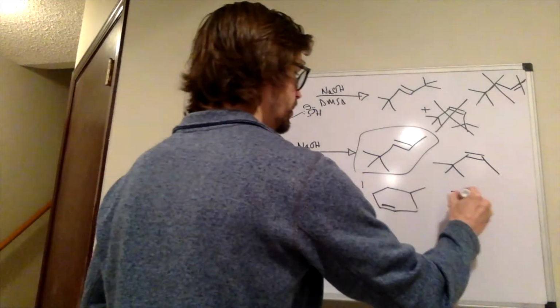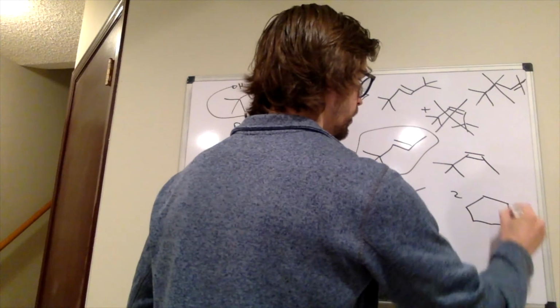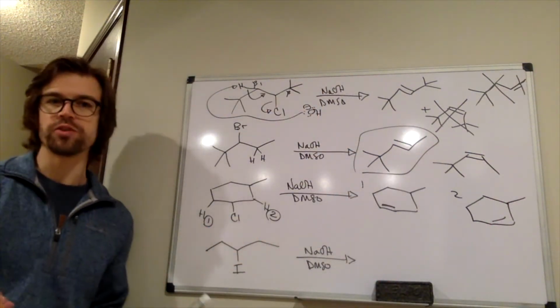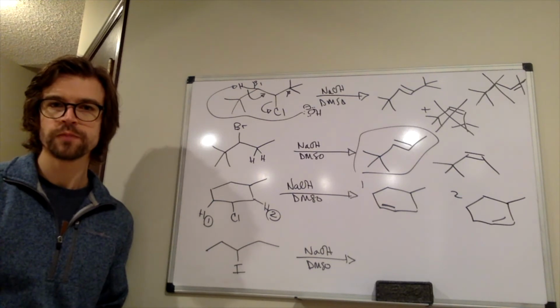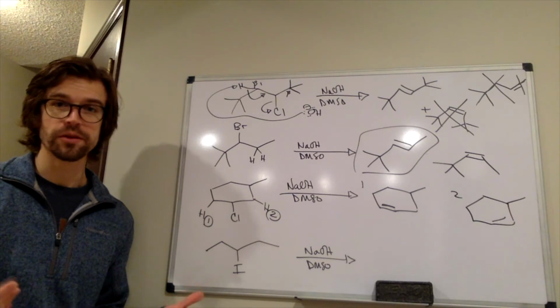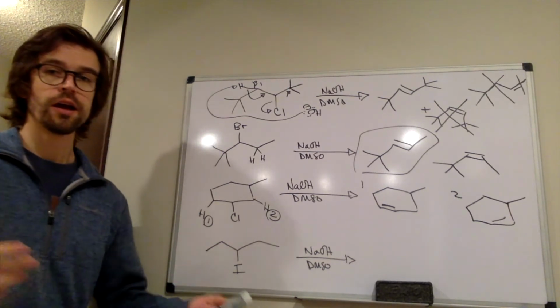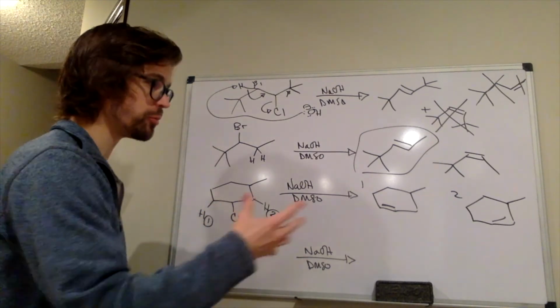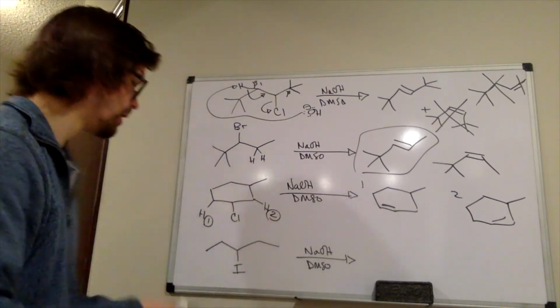If we pull off H2, we would form the alkene right there. Are either of those major or minor? They're both di-substituted, so they're both of similar stability, so they're both going to be roughly equal parts. So those would both be major products here.